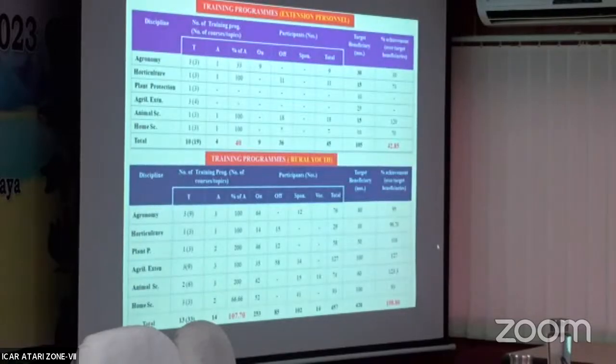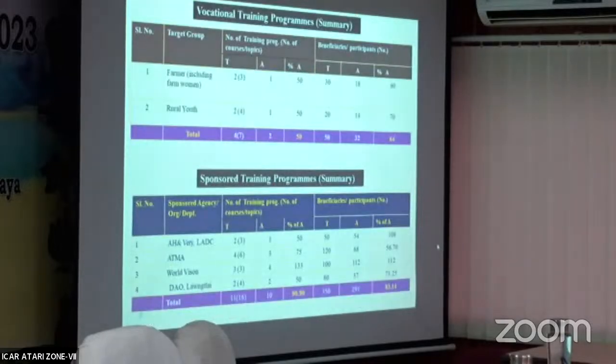For the number of training achieved under extension personnel, 42.85% target beneficiaries. Under training of rural youth, 107.7% with 100.8% target beneficiaries. Vocational training, 50% numbers achieved with 64% target beneficiaries.